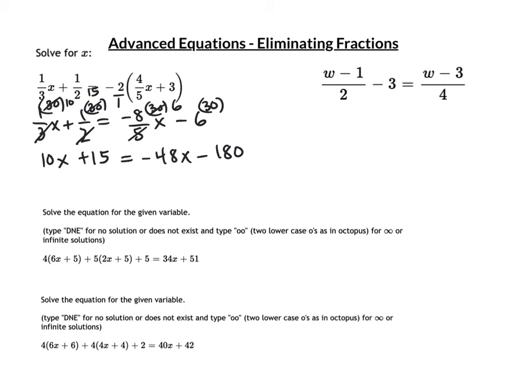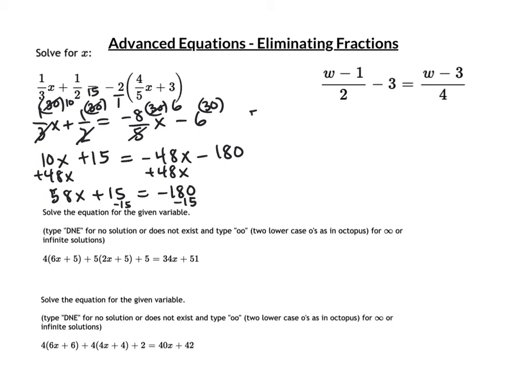Now I'm going to get the variables on both sides, so I'm going to add 48x to both sides. So this is 58x plus 15 equals negative 180. Let's take 15 off each side.